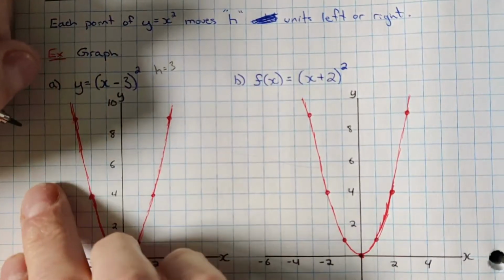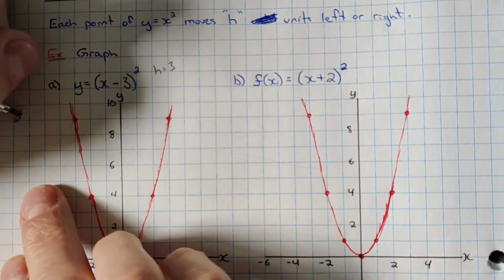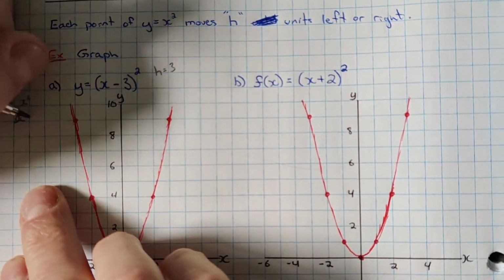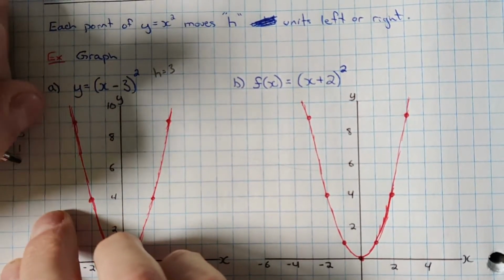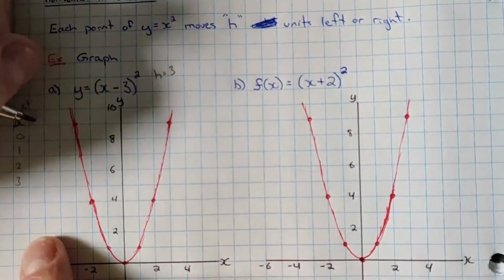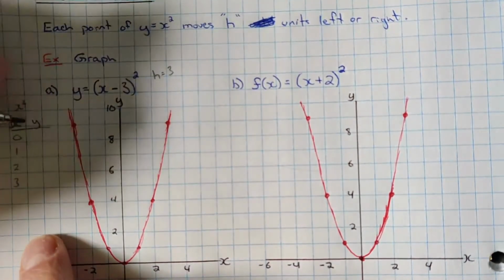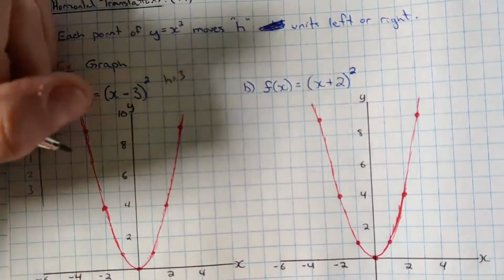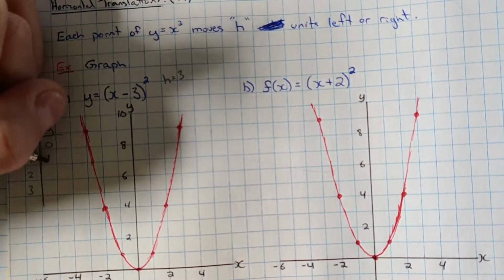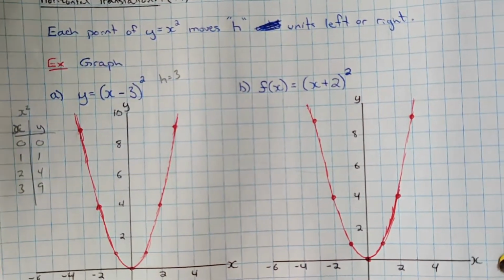And again, if we make a quick little table of values for x squared, then we have x of 0, 1, 2, 3, and the y. So our standard graph is going to be 0, 1, 4, 9.